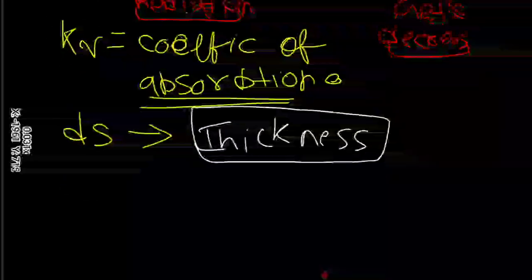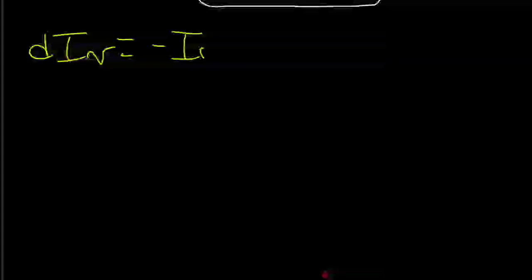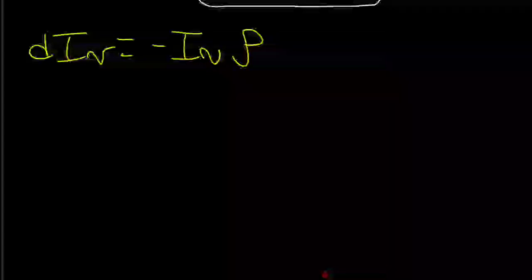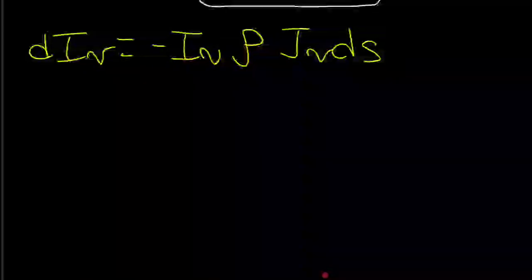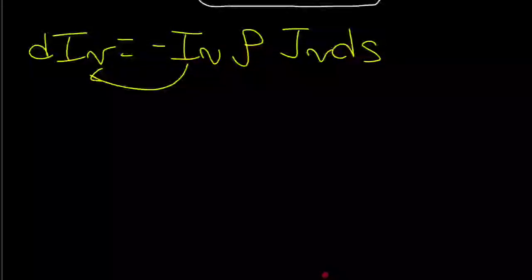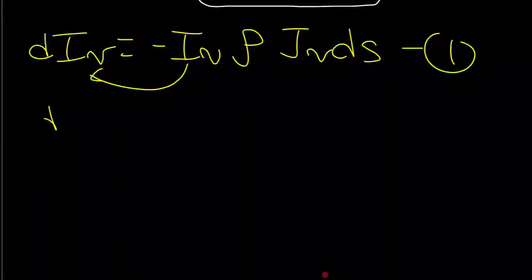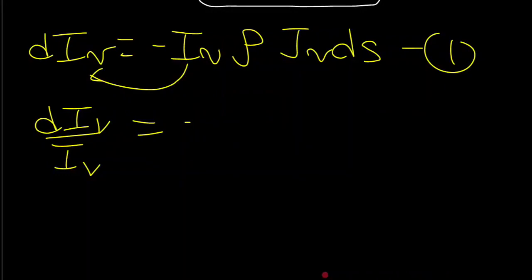Now let me rewrite the formula, which is d I mu is equal to negative of I mu rho k mu ds. Let's say this is your equation number 1, and if I do this, it will become d I mu divided by I mu is equal to negative rho k mu ds.